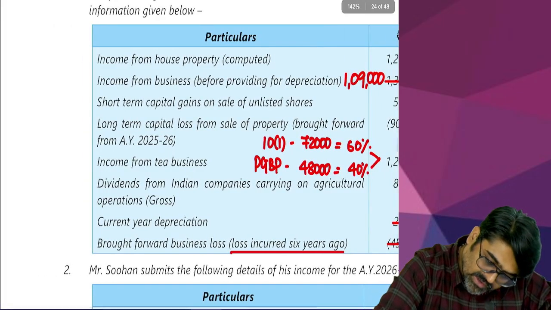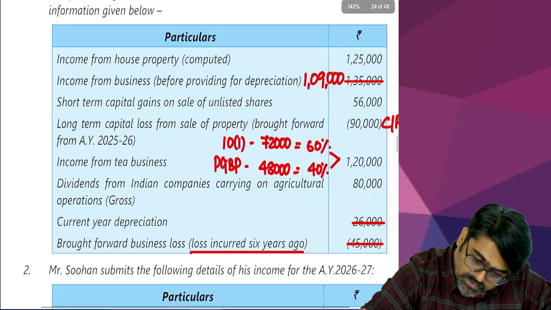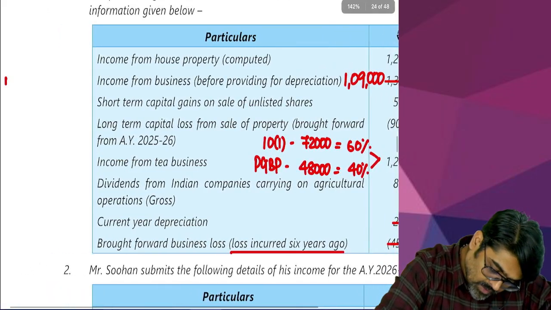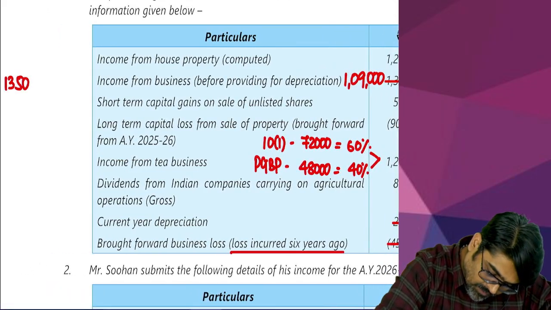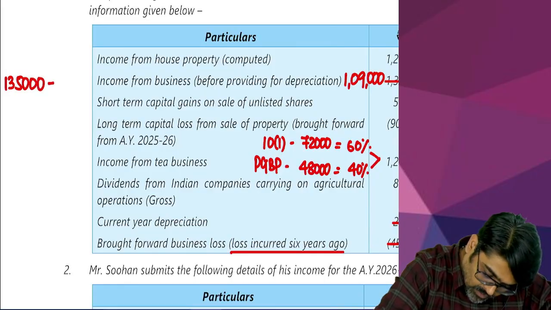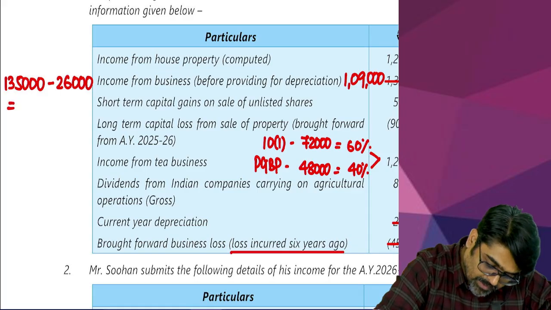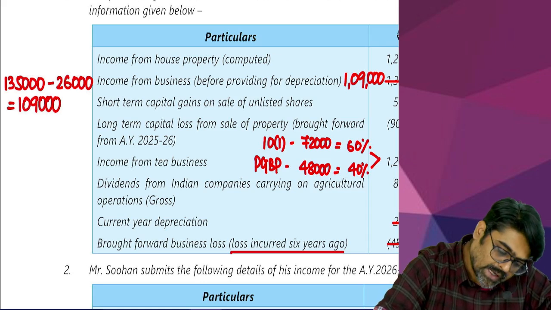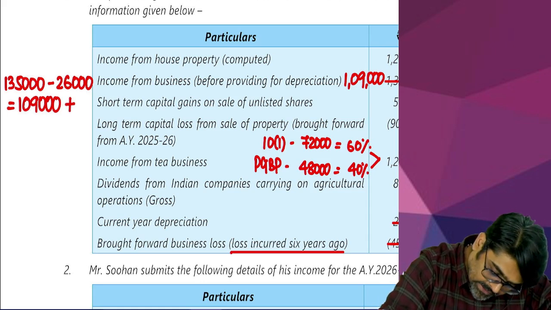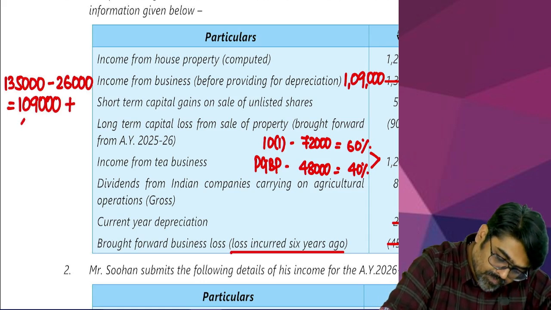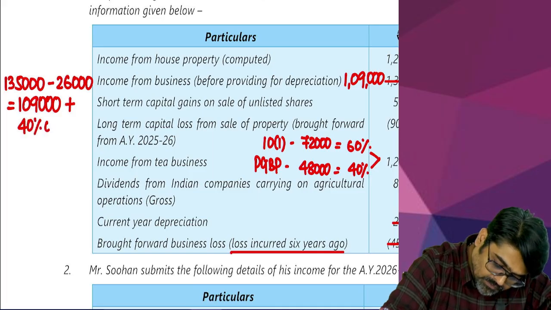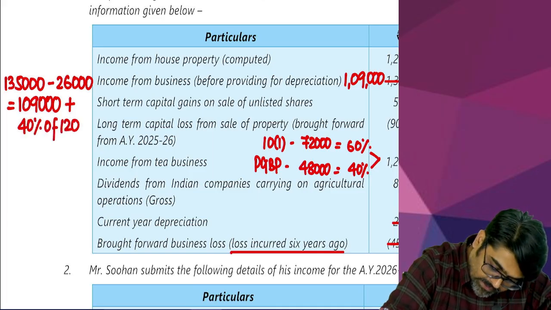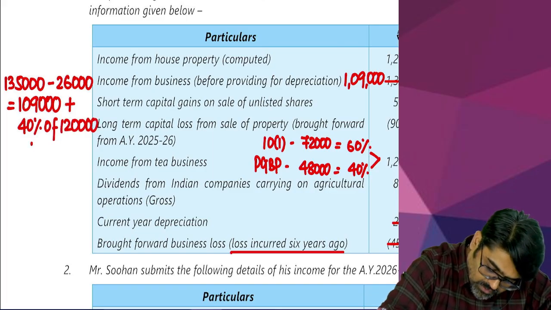So in your business head, you had how much? 1,35,000. Out of that, you took the depreciation 26,000. So remaining income was 1,09,000. Yes or no? And in that you have added 40% of 1,20,000, that is 48,000.